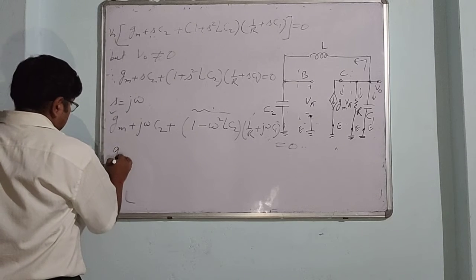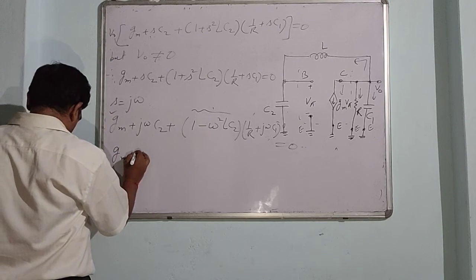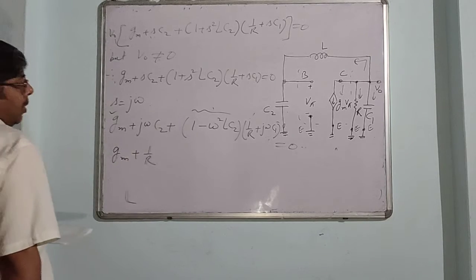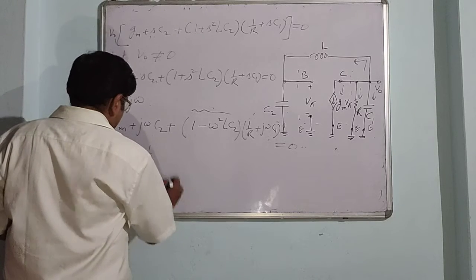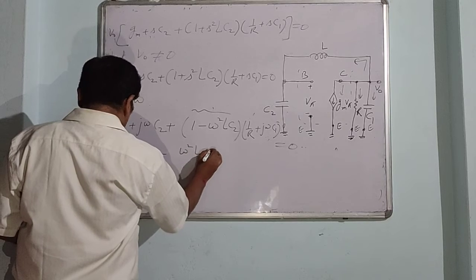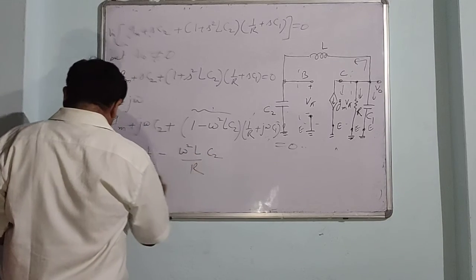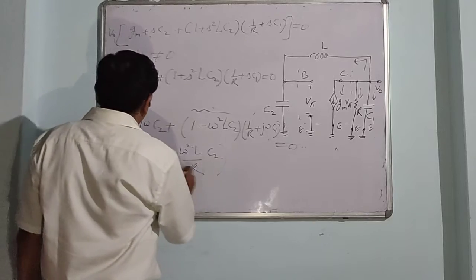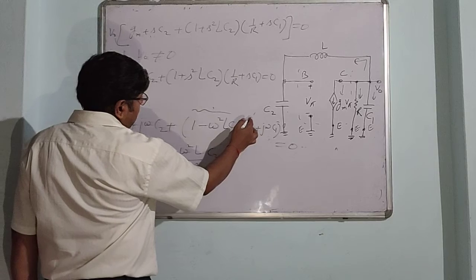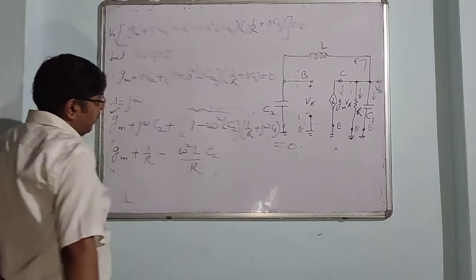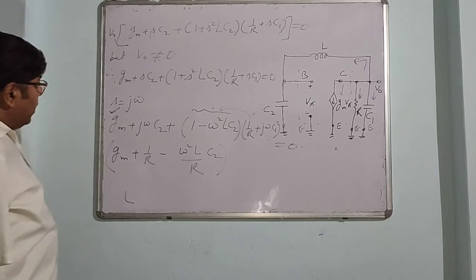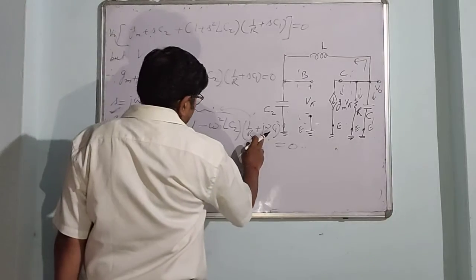So Gm plus 1 upon R and minus omega square Lc2 upon R. These three terms are real. This term is real, and the multiplication of this term by 1 upon R. So these two terms are real, and three terms are imaginary.